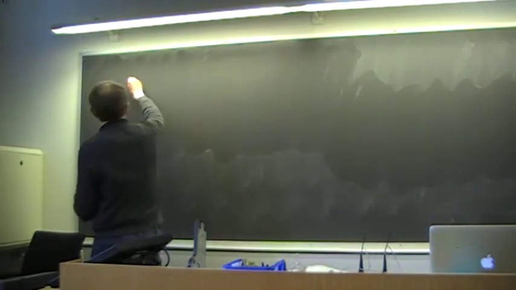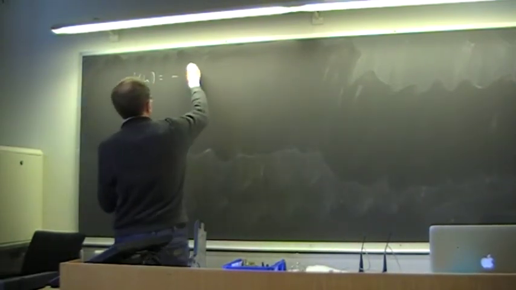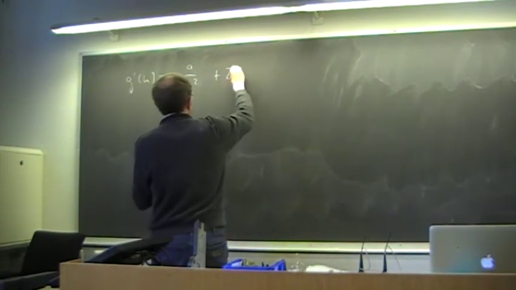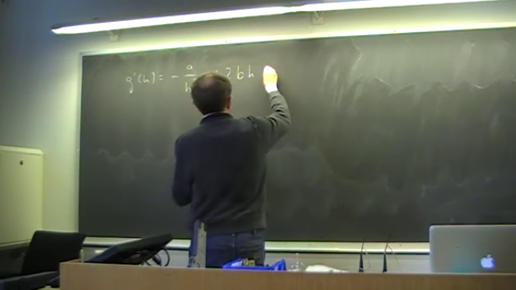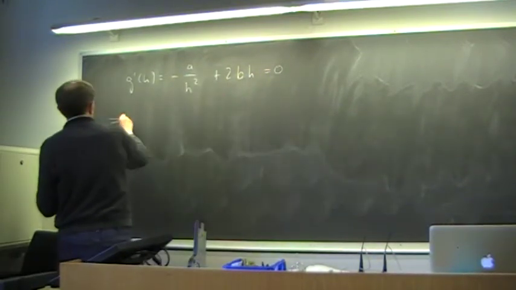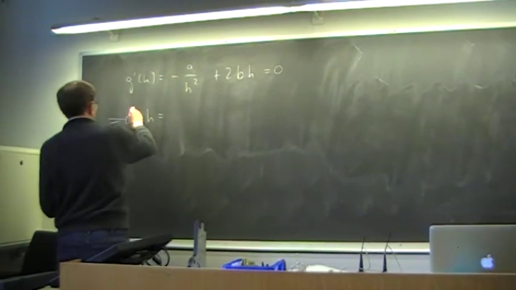So the g prime of h turns out to be minus a divided by h squared plus 2b h, that is equal to 0. And from that we get a formula for our h. Take that as number 4.